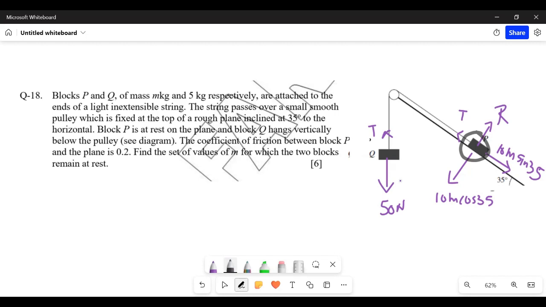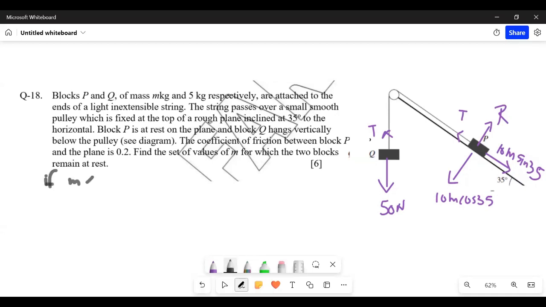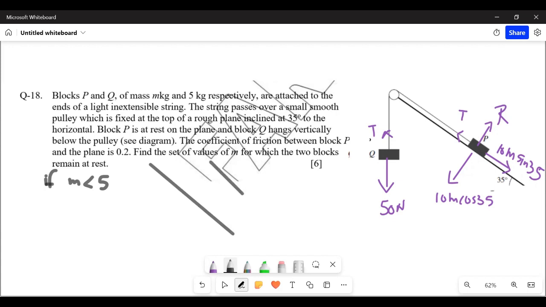Okay, so let's say that if the mass of P, m, is less than 5, then P is going to go downwards, I'm sorry, upwards, because Q will go downwards.